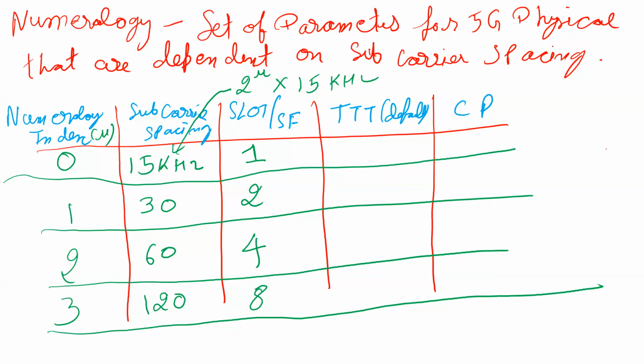And what will be a TTI? So TTI will be here 1 millisecond, here 0.5 millisecond, here 0.25 millisecond, and here 0.125 millisecond. So lower latency.